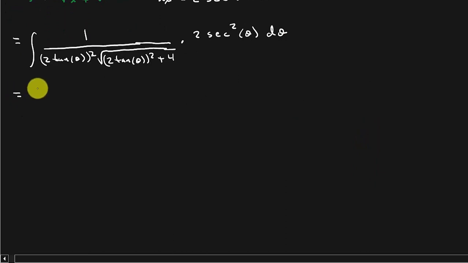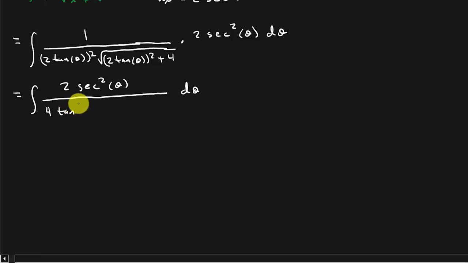So this is going to be the integral of 1 over, and I'll tell you what I'm going to do. I'm going to write the 2 secant squared theta up here in the numerator.